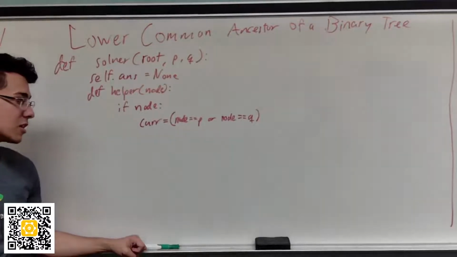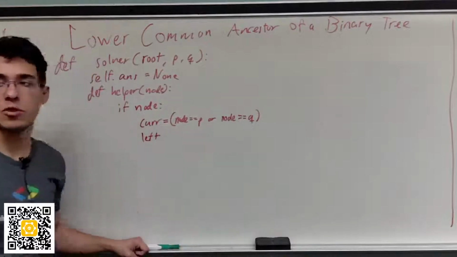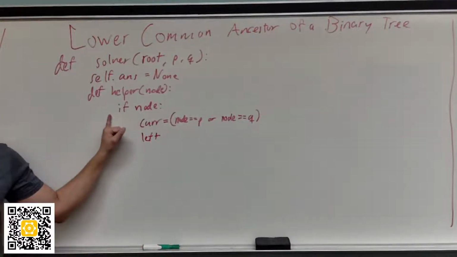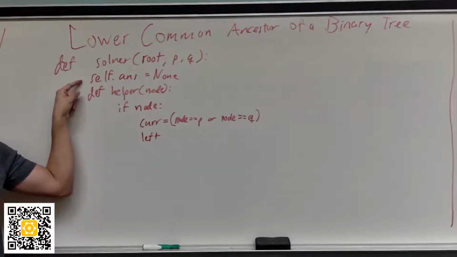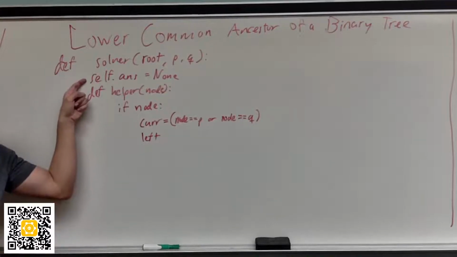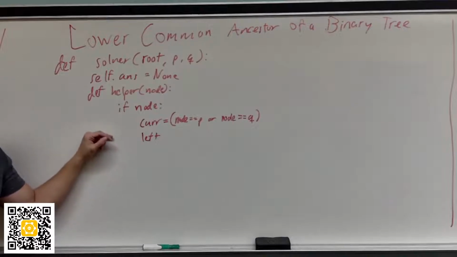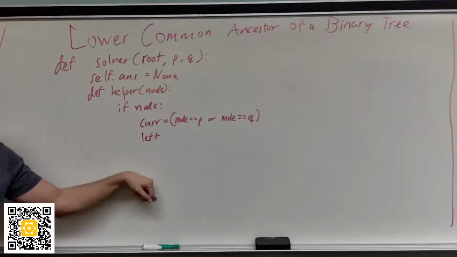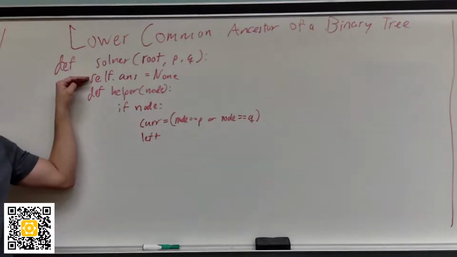Yeah. So this is going to be a function that returns a Boolean. But see these self.ans, what do you think we're gonna do with this? You're gonna store the parents? Yeah. References? Our answer is gonna be in here, and it's gonna be global. The scope is gonna be global, so say we're going recursively down through helper, we can still change this, right?